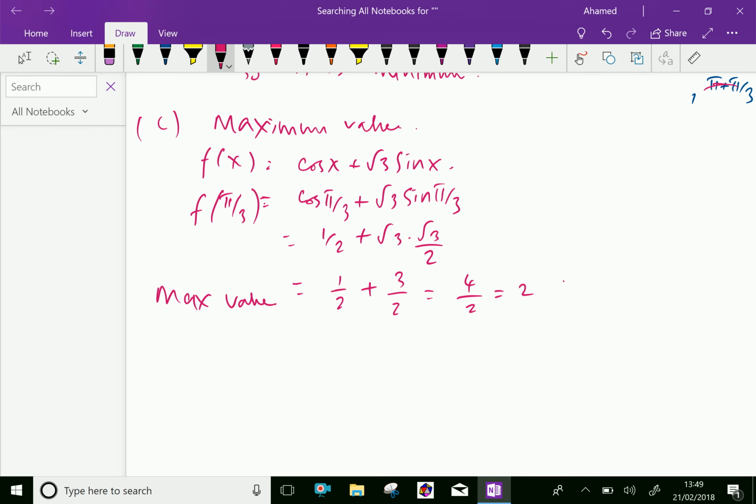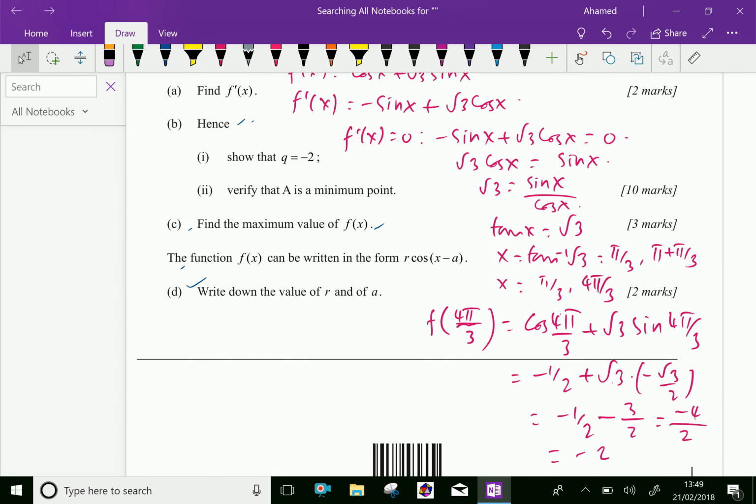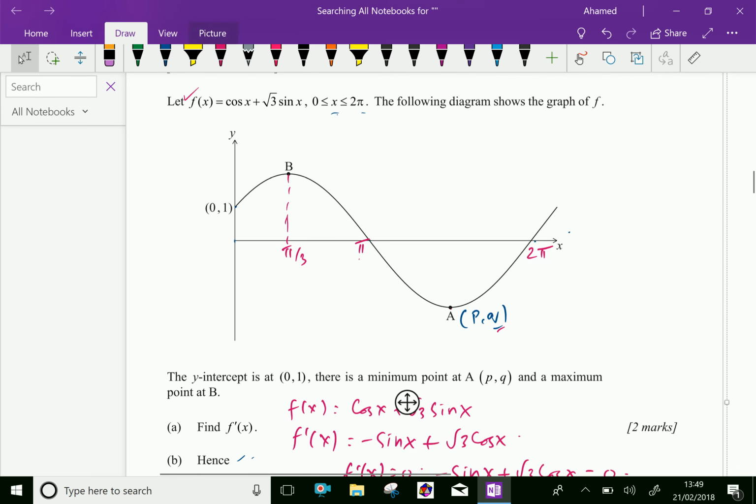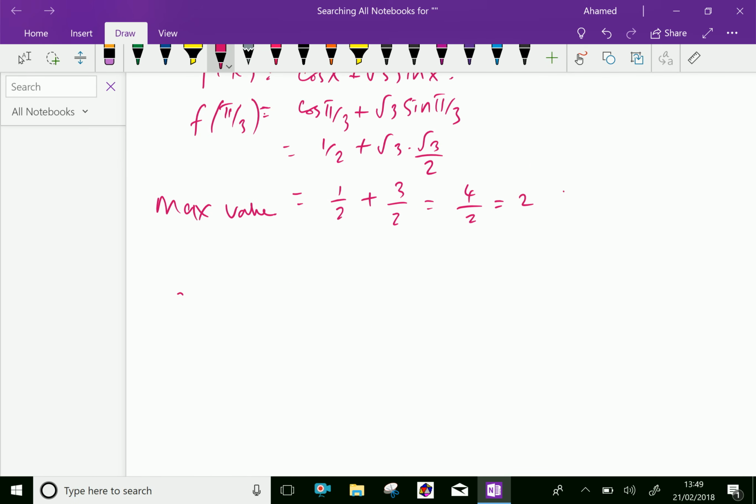And next, the last question. We have that function R, we have to do f(x) equals cos x plus root 3 sin x.